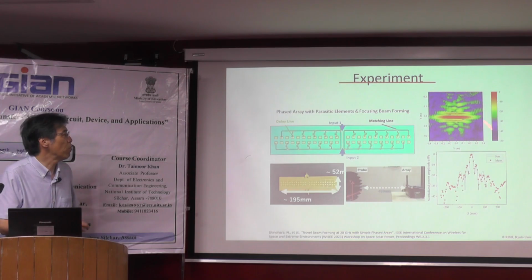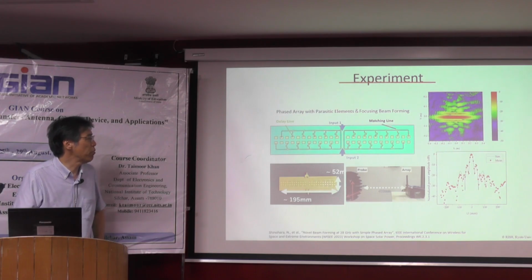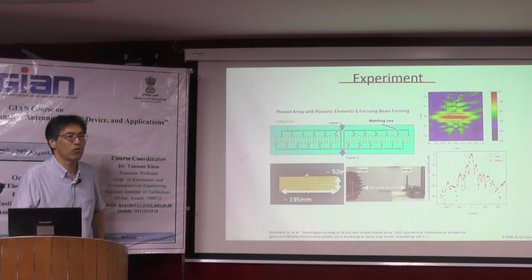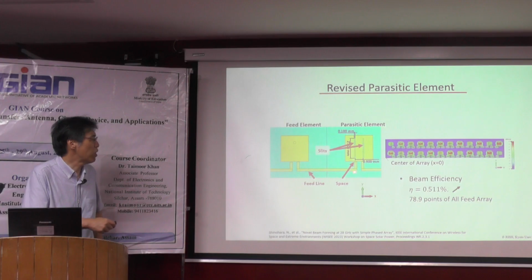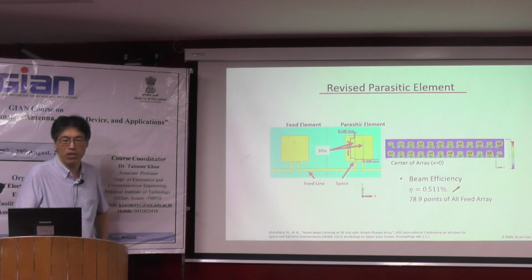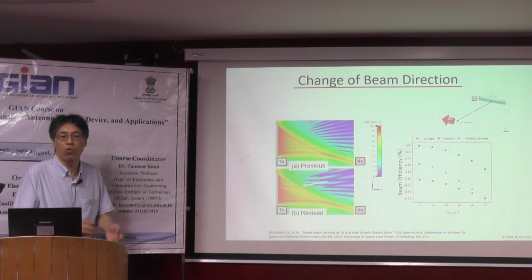And this is the experimental result, and the experimental result and the simulated result are very well matched. So I think this is a very interesting technology. But to revise or update this technology, because the mutual coupling was a little bit smaller than we expected, my student proposed a very tight mutual coupling line between the metal and the fed antenna, and as a result, we can control the beam direction by changing the fed antenna only.